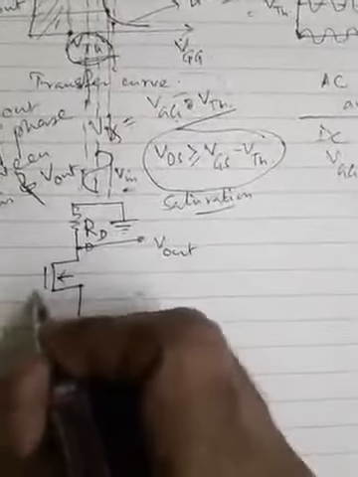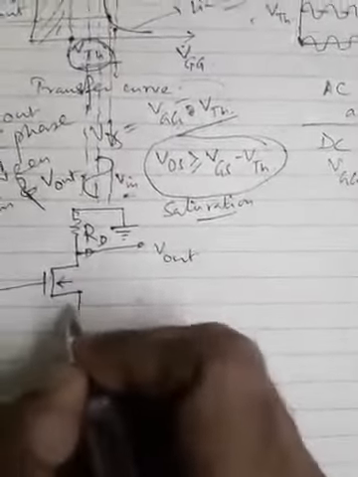So the modified MOSFET diagram will be something like this. This is the MOSFET. This is the resistance RD. VDD is not there, so it is directly connected to ground. This is the drain terminal, and from there the output is taken, which is V out. Then this is the gate terminal and this is the source terminal.